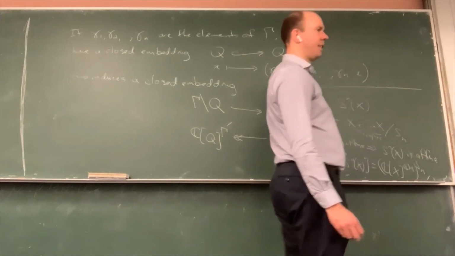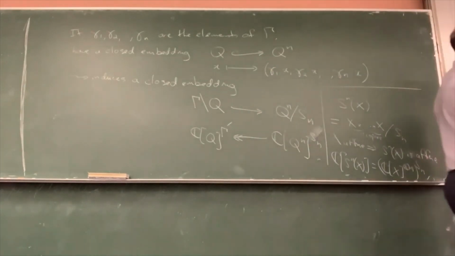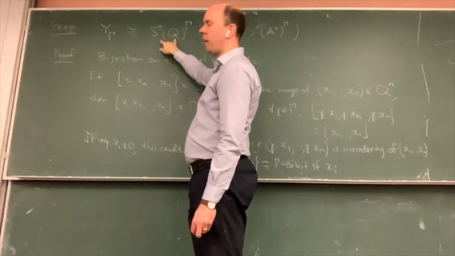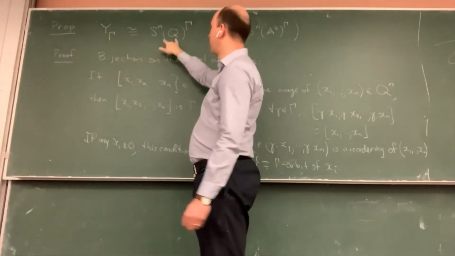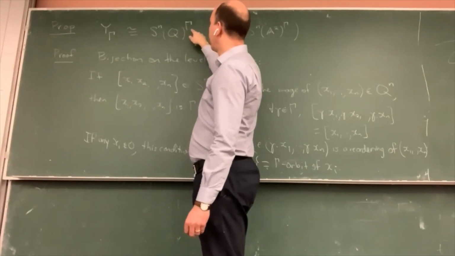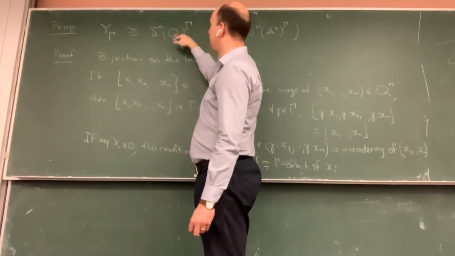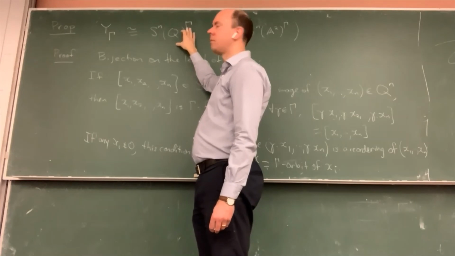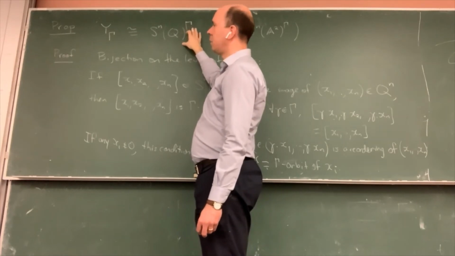The problem is that I have to move over to the other board, I guess, to answer this question. So the problem is it's easy to get a handle on the coordinate algebra of the symmetric power. It's just an invariant ring, as I said before. But then saying what the coordinate algebra is of this particular closed subvariety where you take the gamma fixed points is not so easy.